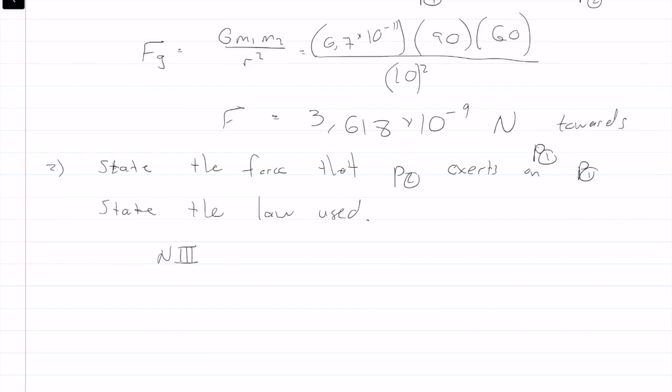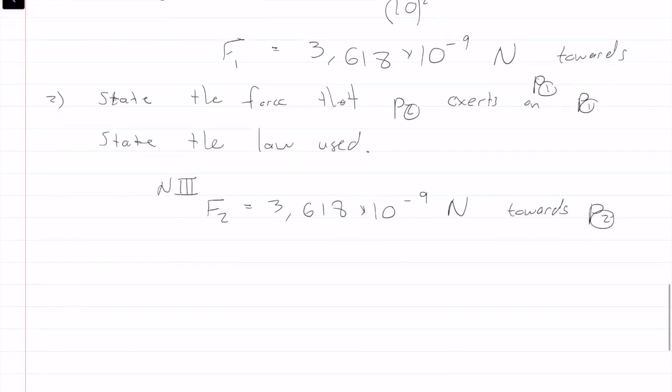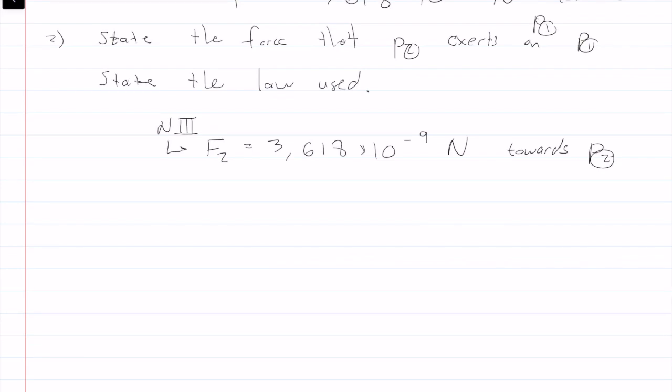So force 2 is going to be the same magnitude, 3,618 times 10 to the minus 9 newtons, but instead of towards person 1, this time it's going to be towards person 2. All that's changed is the direction. The law we used is Newton's law of gravitation for question 1 and Newton's third law for question 2.